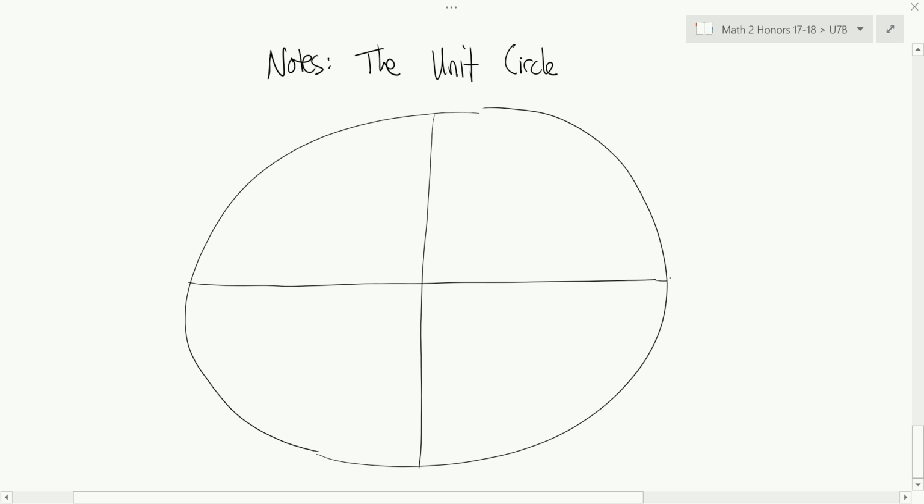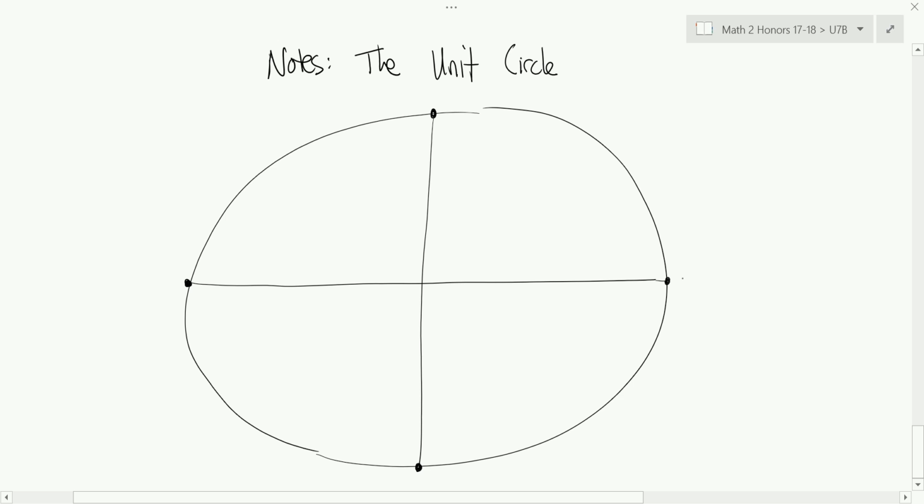So there are some key points on this unit circle that you want to know. Okay. So the 2 points on the x-axis, the 2 points on the y-axis that intersect the circle, and we know those points already, so we can go ahead and put those on.